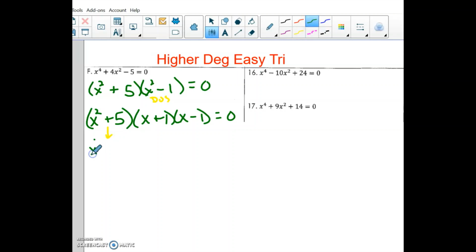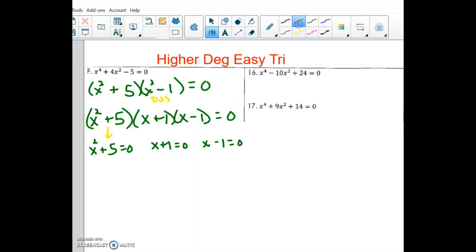x squared plus 5 equals 0. x plus 1 equals 0. And x minus 1 equals 0. The first factor is not so easy to solve because you're going to have to take the square root.